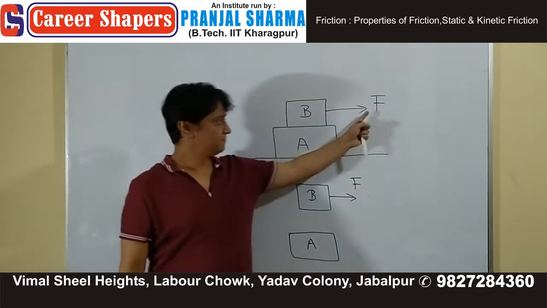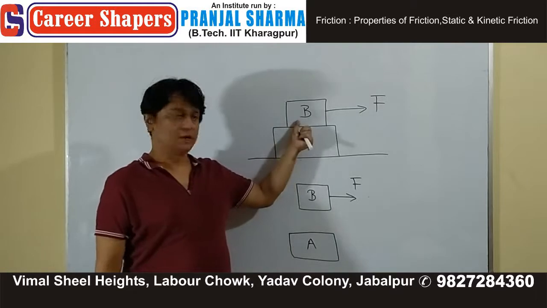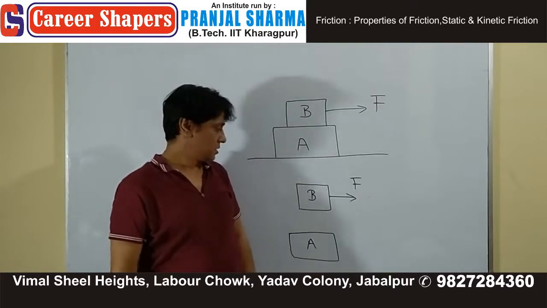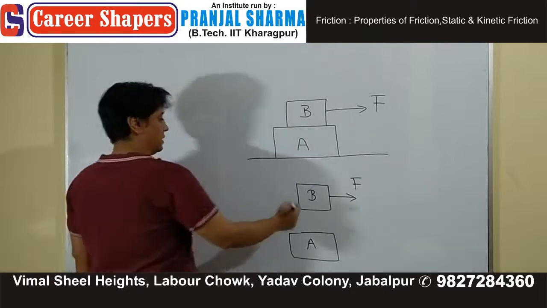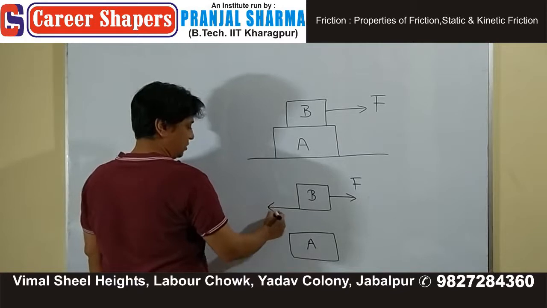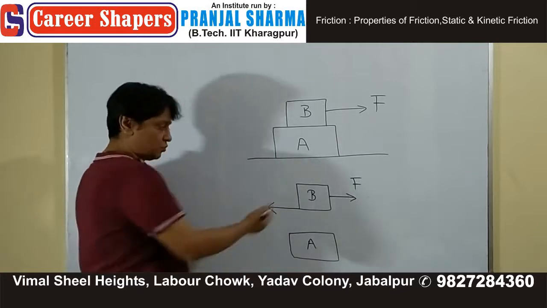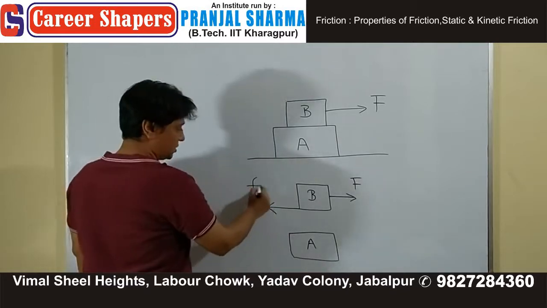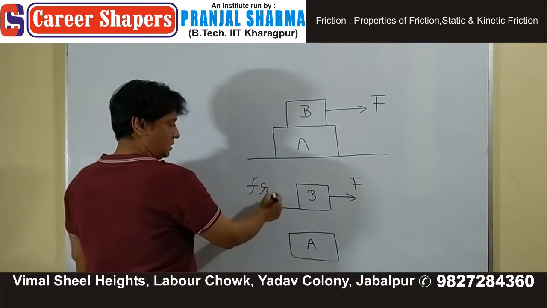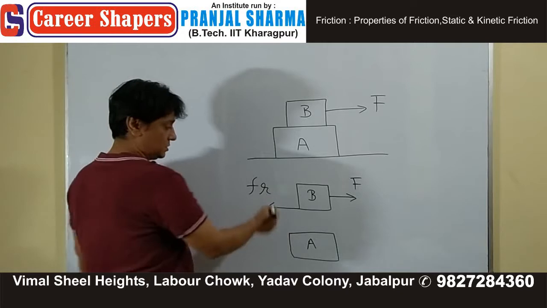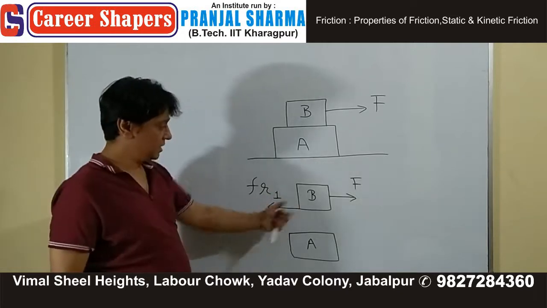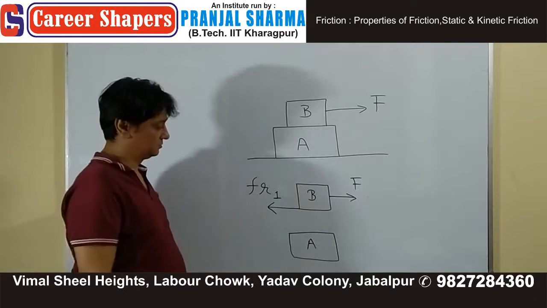This is F, which is pulling B over A. And it is very easy to figure out the direction of friction, which is FR1, acting on B in this direction.